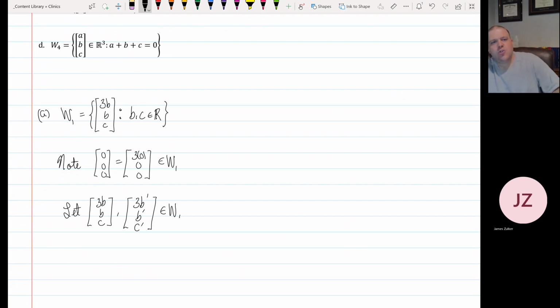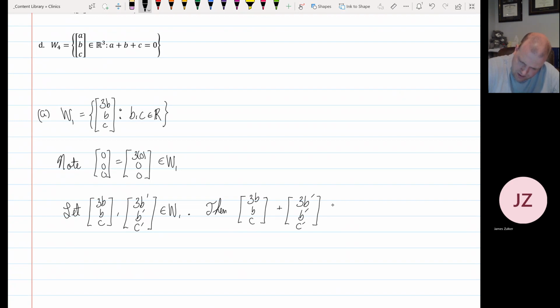So we're going to say, okay, here are 2 vectors in W1. Is their sum in W1? Well, what do we get by definition?